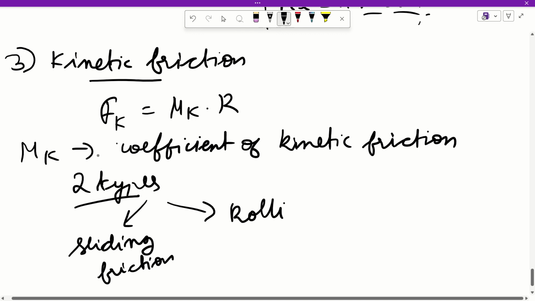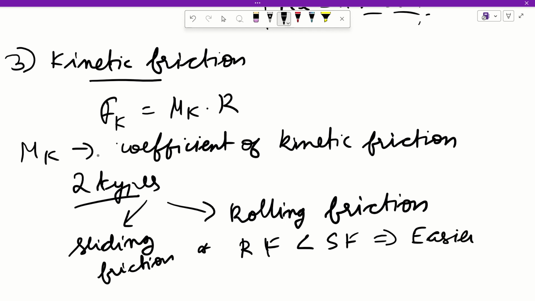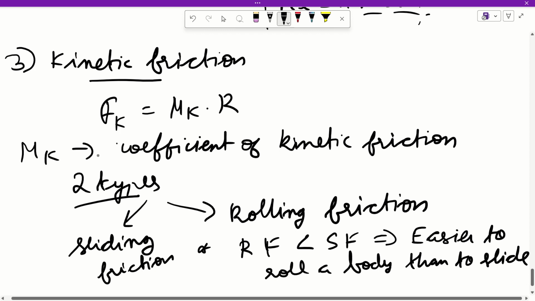A special note: rolling friction is less than sliding friction, therefore it is easier to roll a body than to slide.